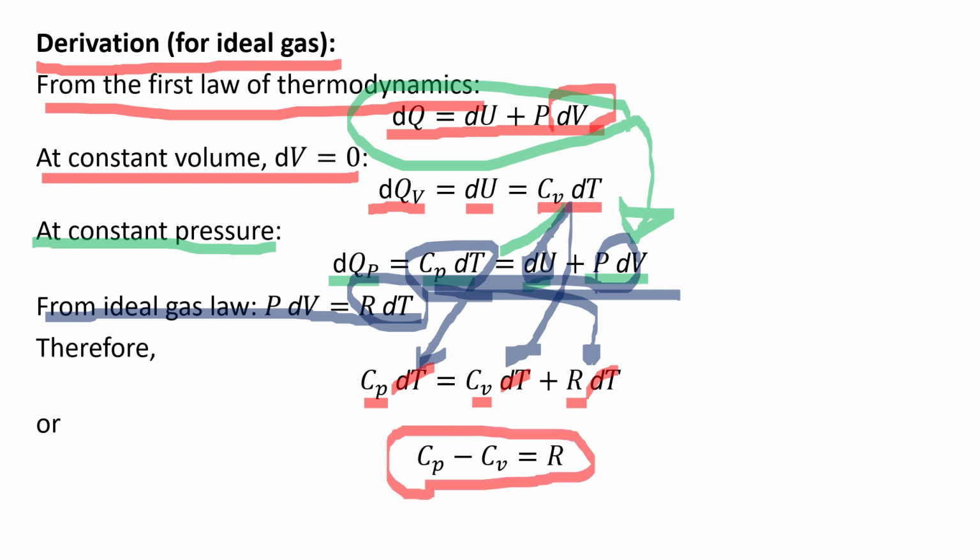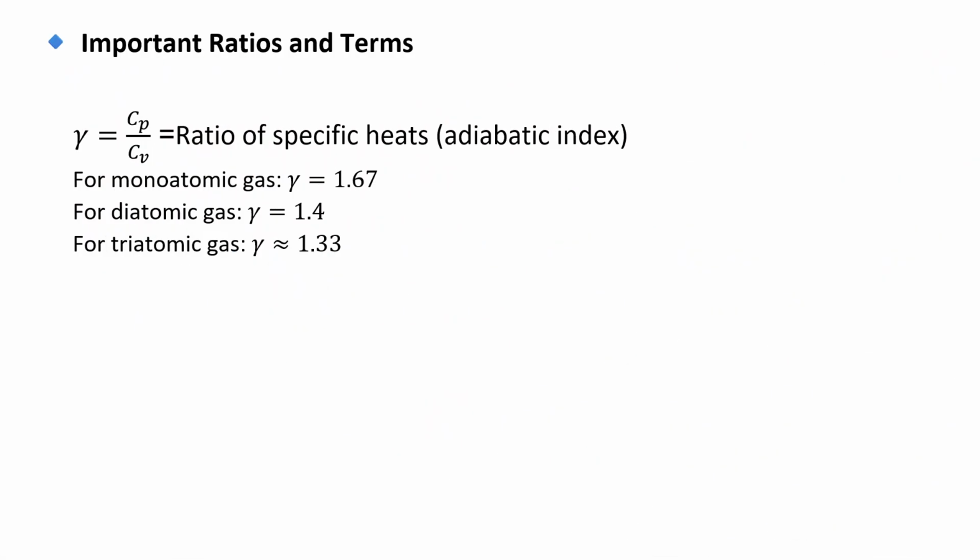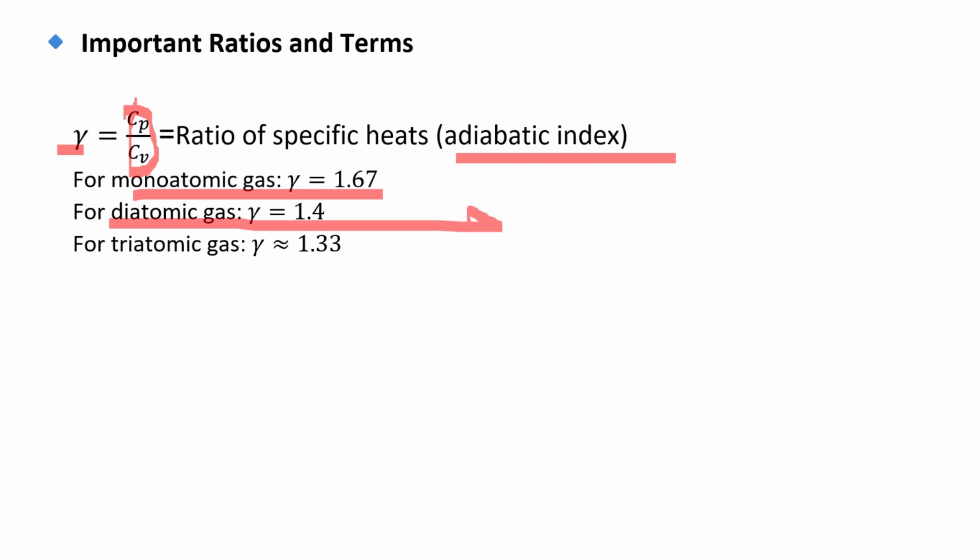So we can say that specific heat at constant pressure minus specific heat at constant volume is equal to R, that is the gas constant. Now the ratio of specific heats Cp by Cv is called the adiabatic index gamma, and the gamma value for monoatomic gas is 1.67, for diatomic gas it is 1.4, generally it is for air, which we have to remember, and for triatomic gas it is 1.33.